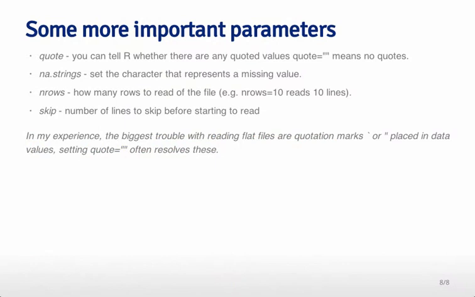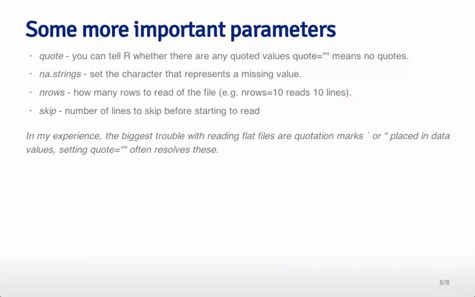Some more important parameters that you can pass to read.table: you can tell it quote. For example, you can say whether there are quoted values. If you say quote equals quote quote like that, you get no quotes in the file. na.strings tells R what the character is that represents a missing value.